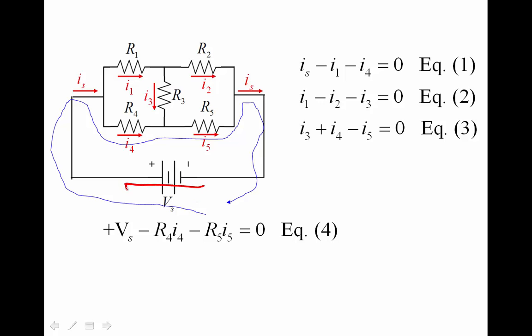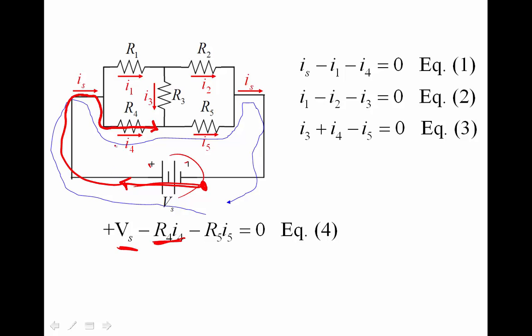But when you go over a battery, so I'm starting my loop right here, I'm going through the battery from a negative to a positive, so that's plus Vs. And whenever I'm going through a resistor, if I'm going in the same direction as the current, I drop voltage.